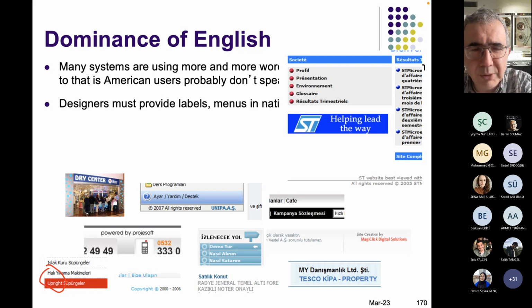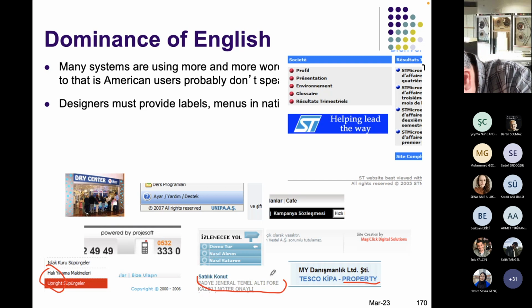This is extremely important. Again, property, and I'm just making fun here, but Radiye General Temel artı Fore Kazık, etc. So this is again all rights reserved. This is from France.